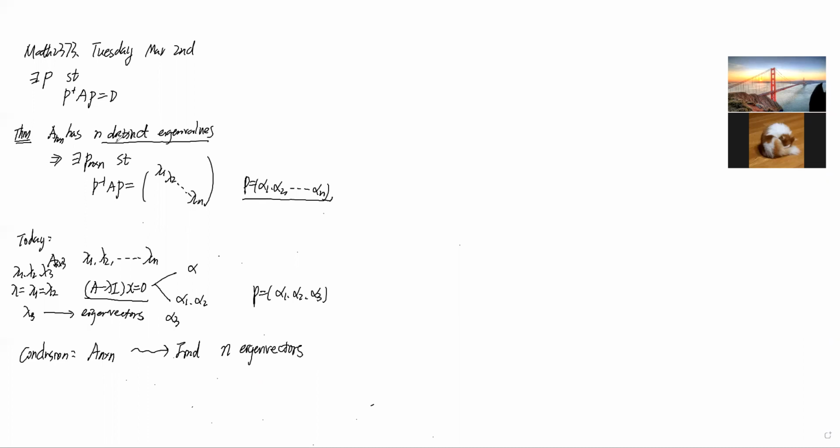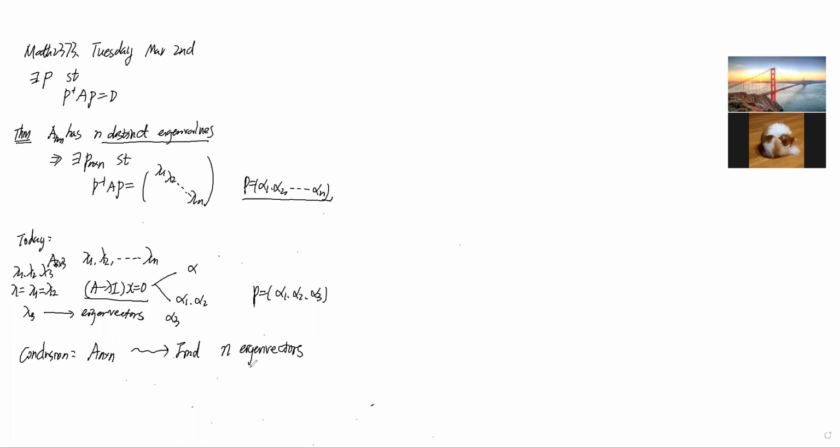If you look at this theorem, we say you have to find n distinct eigenvalues, but here you have to find n eigenvectors. Of course, if you count the multiplicity of the eigenvalues, you always have n eigenvalues.